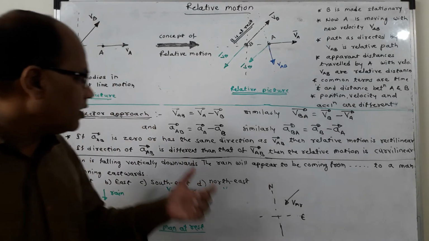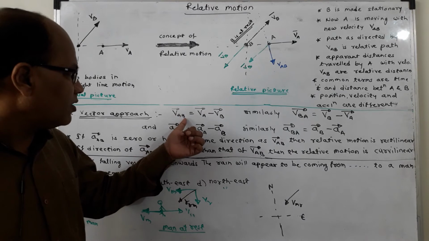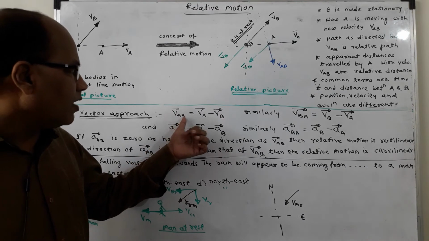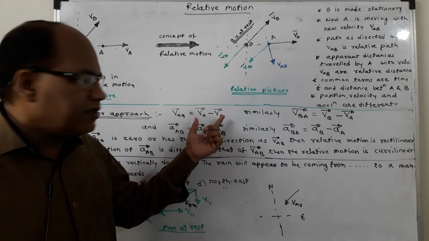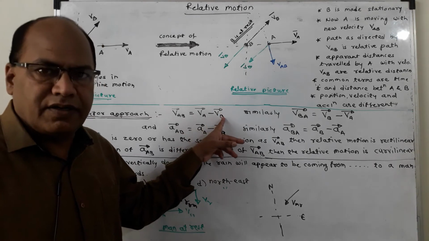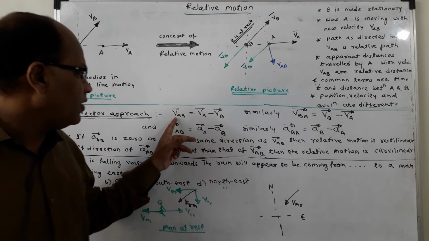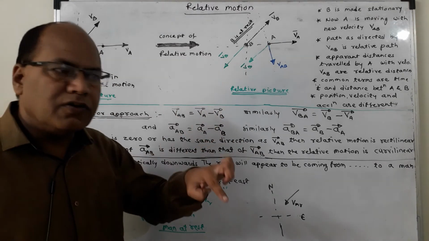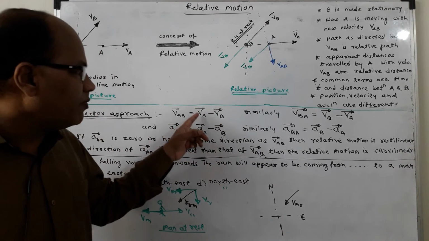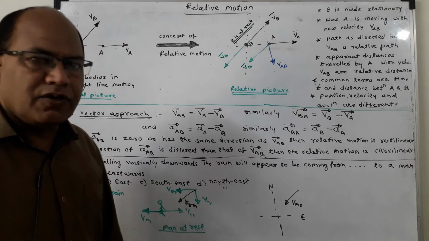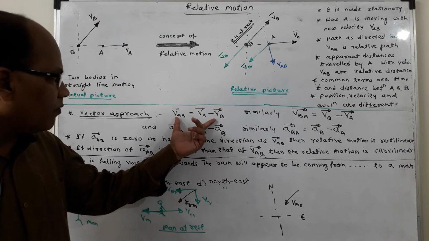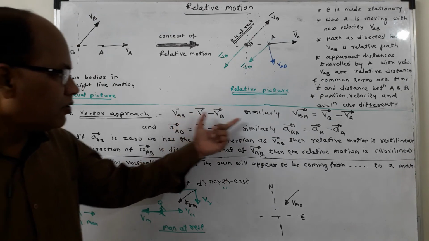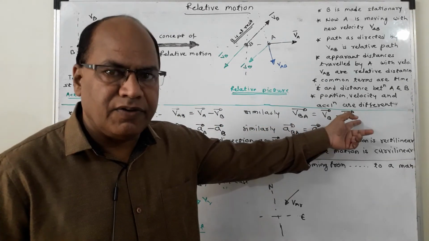And if I want to get the relative velocity of A with respect to B, VAB, it is nothing but the vector difference VA minus VB. So VA minus VB is VAB. If one wants to get VBA, it will be VB minus VA. So if you want to use the vector form, VAB can be obtained like this, and VBA is VB minus VA.